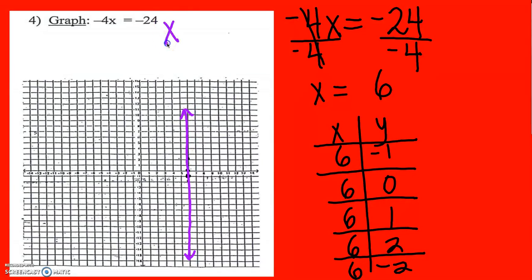A note, when it's x equals a number, then we're going to have a vertical line. All right? So x equals is a vertical line, y equals is a horizontal line. All right? So now, make a list of all the questions that you have.